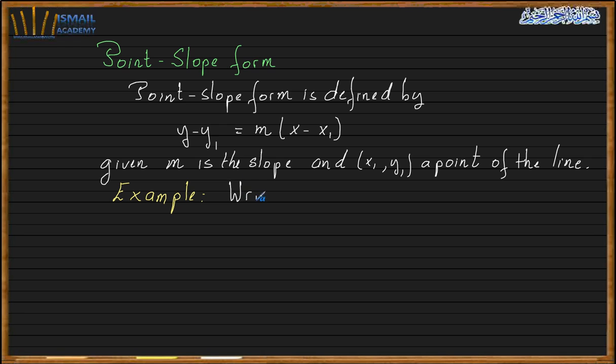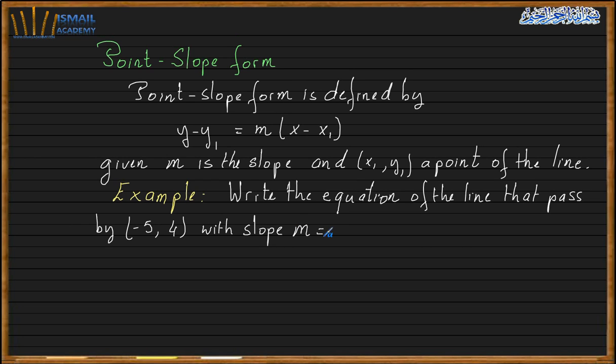If they ask me to write the equation of the line that passes by the point and has slope minus 3/2, in point slope form, here we already have the slope and we have a point.